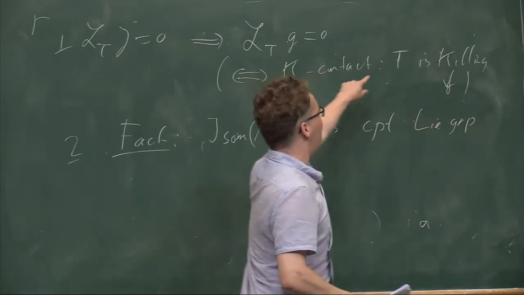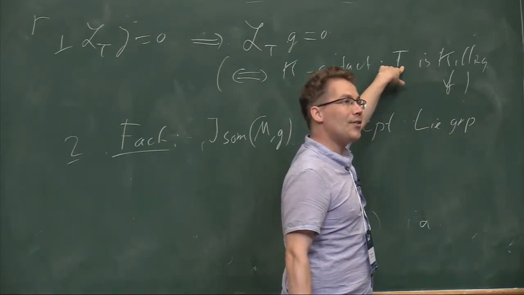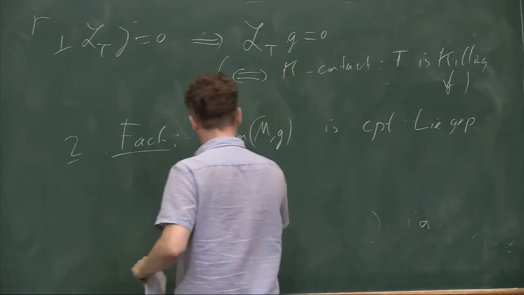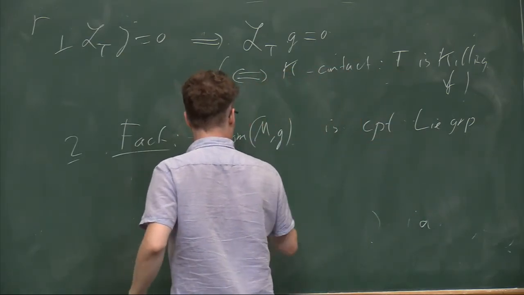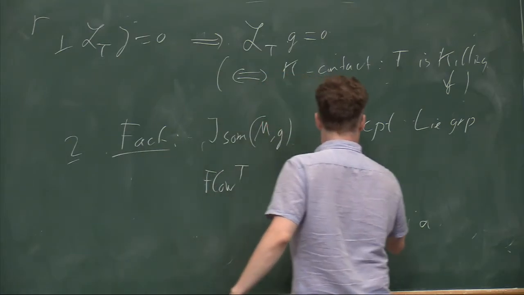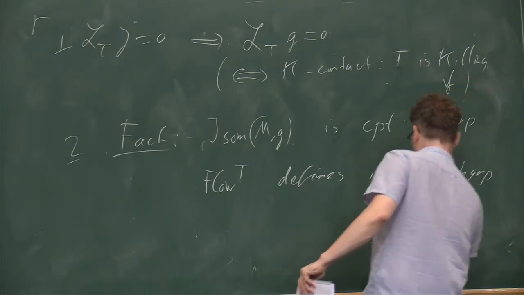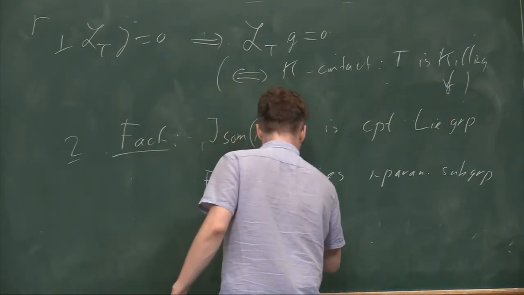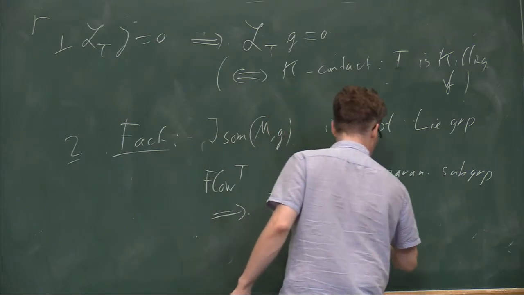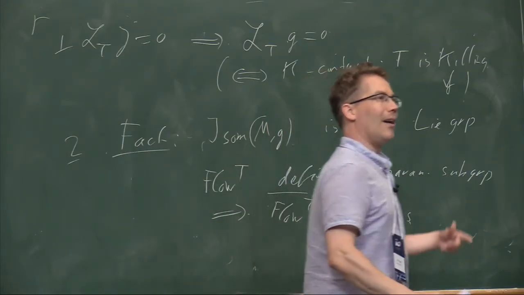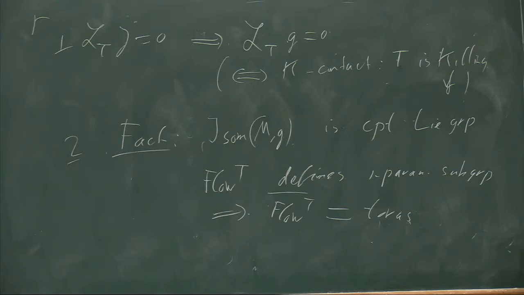Now we have this one-parameter family of isometries generated by the Reeb flow. So the flow of T defines a one-parameter subgroup. The closure is actually a torus. Now if you're on a torus, you're going in some direction, which is maybe not periodic, but you just perturb slightly until you're periodic. So you need the compactness, of course, for this.